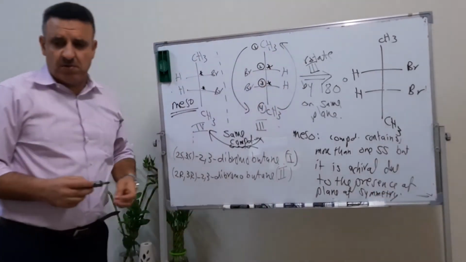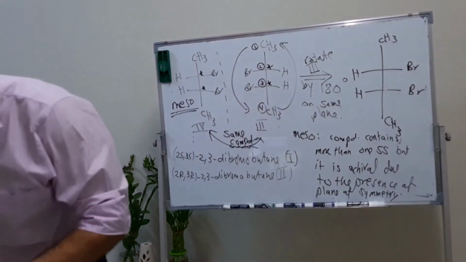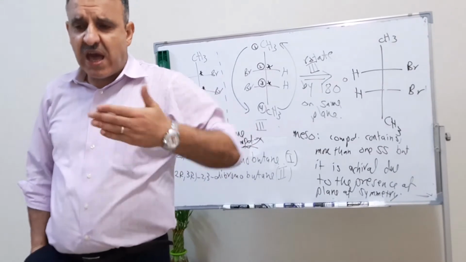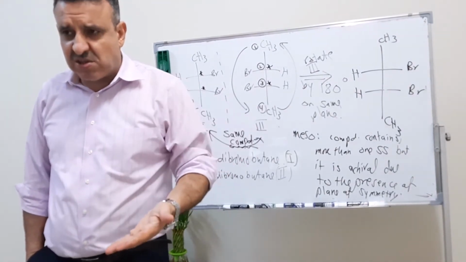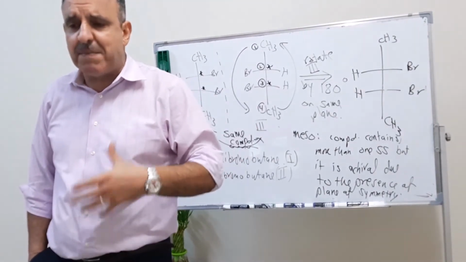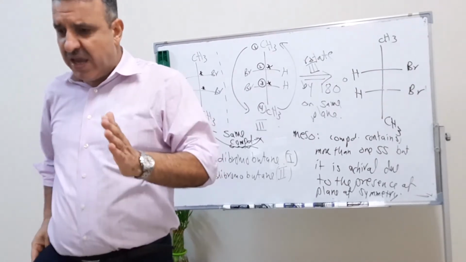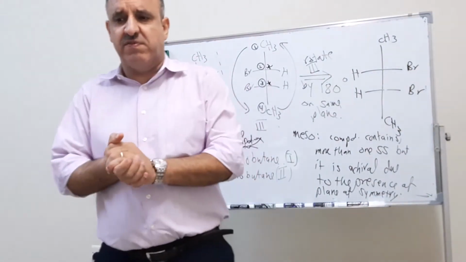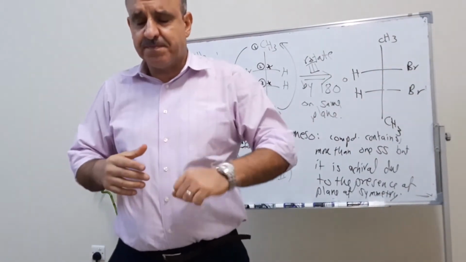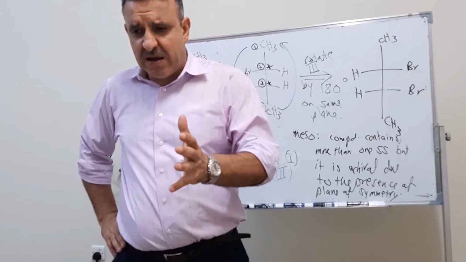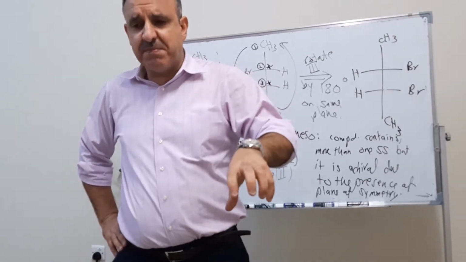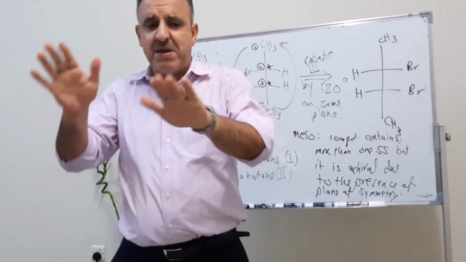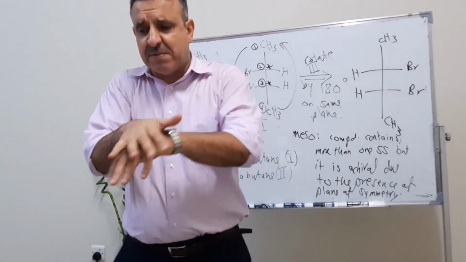So, how to identify any meso compound? Some compounds, although they have more than one stereocenter, we call them achiral. Now, again, let me just remind you of the fundamental issue of this chapter. When we say chiral compound, it means there is no plane of symmetry, which means the object and its mirror image are not superimposable on each other.